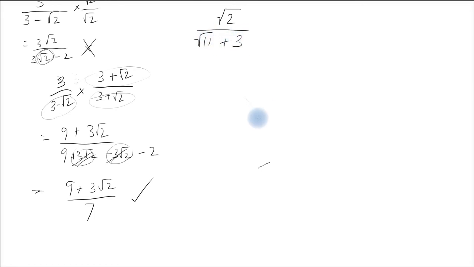Okay, now here I'm trying to be a little bit tricky because I've swapped the order of the root 11 and the 3. So the conjugate of this is actually 3 minus root 11.